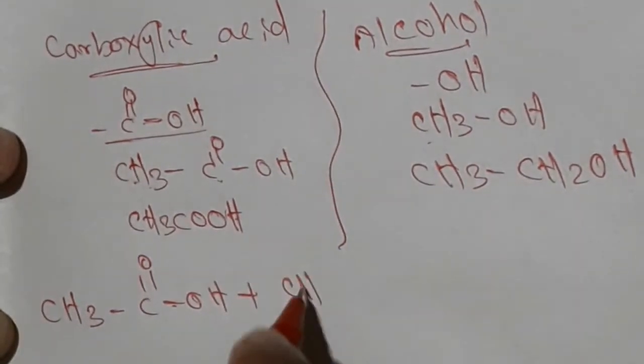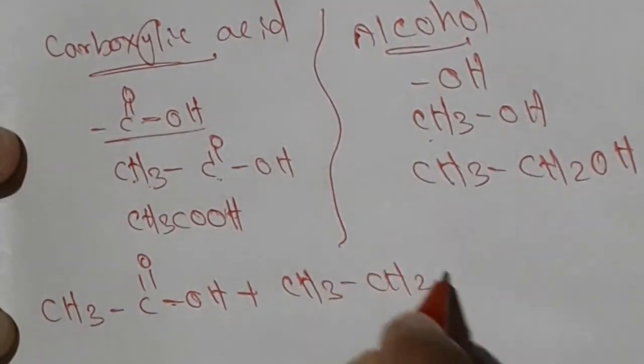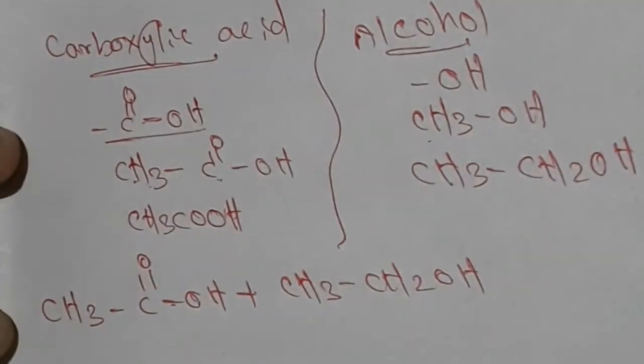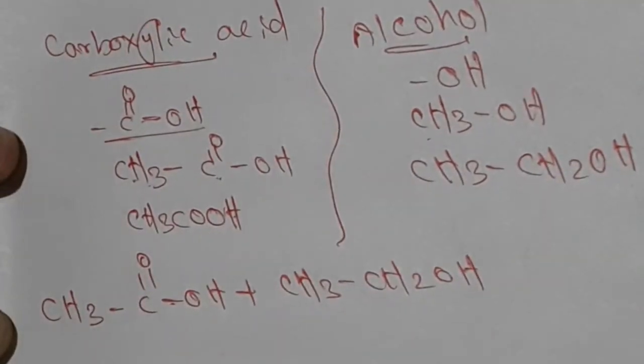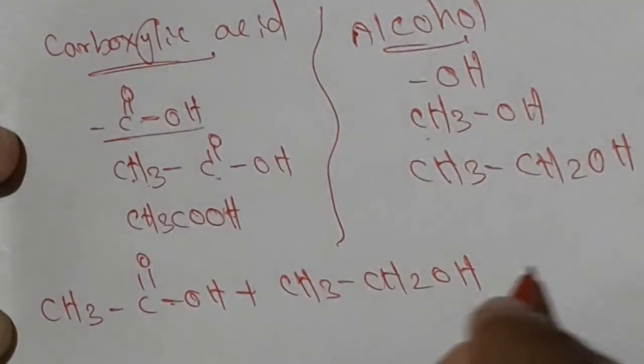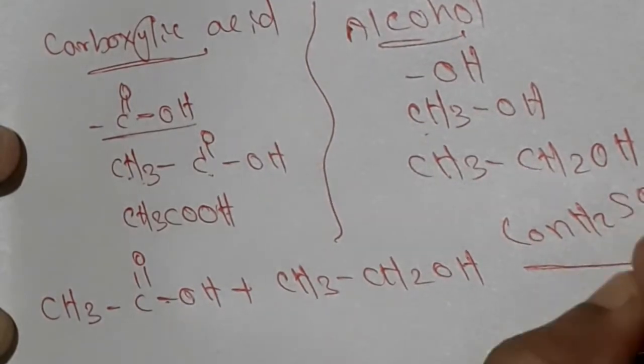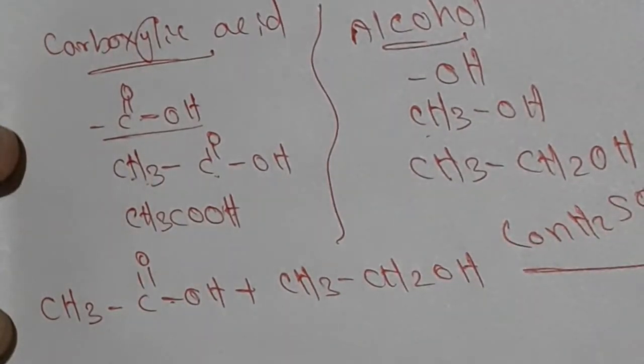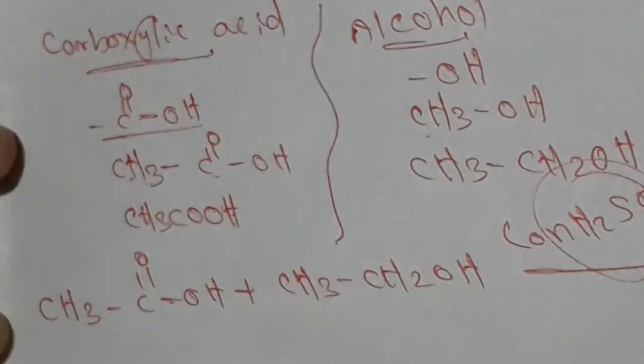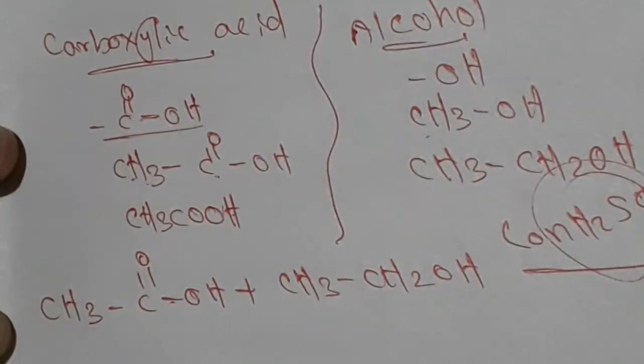Ethanoic acid reacted with CH3CH2OH, it means ethanol. Ethanol and ethanoic acid react together in presence of concentrated sulfuric acid, and ester will be formed. Okay. Here concentrated sulfuric acid is used as dehydrating agent. It helps to remove water molecule.